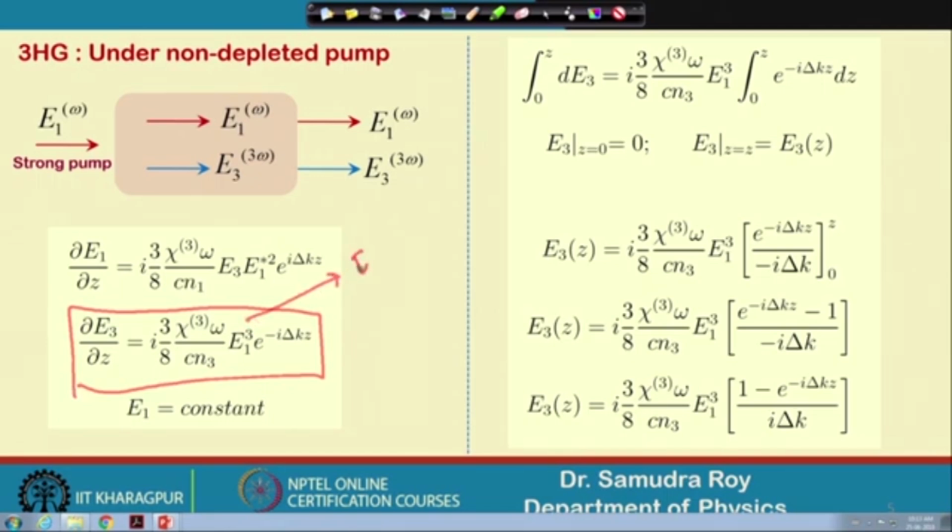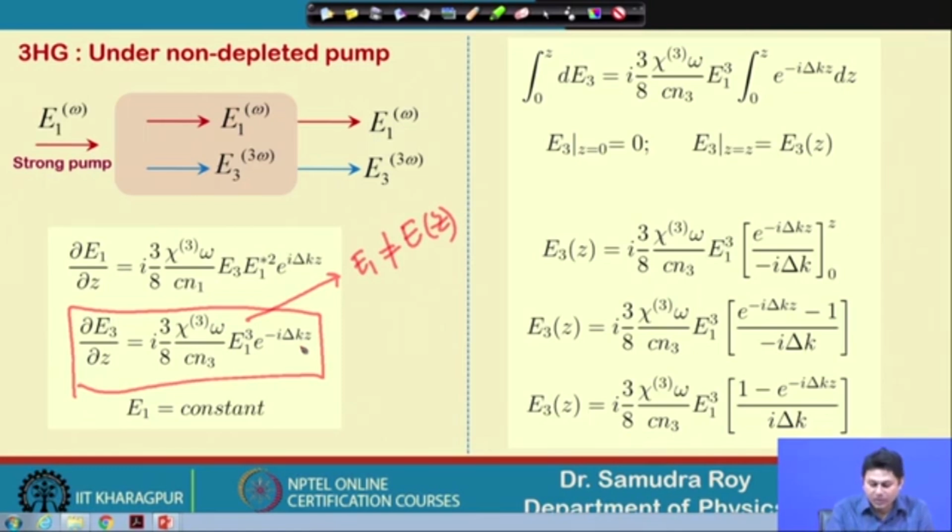It is not a function of z. So, the integration is straightforward, because the only term that contains z is delta k z.